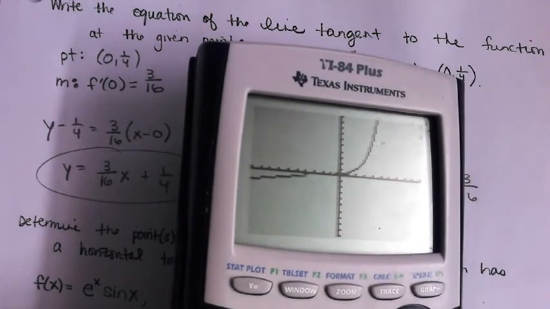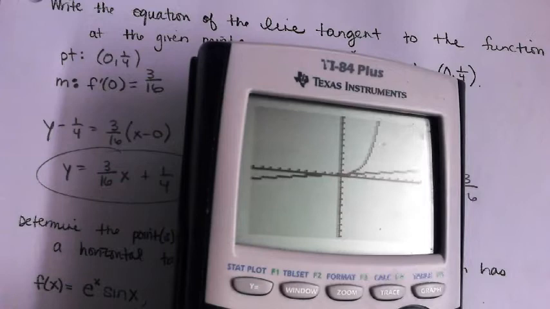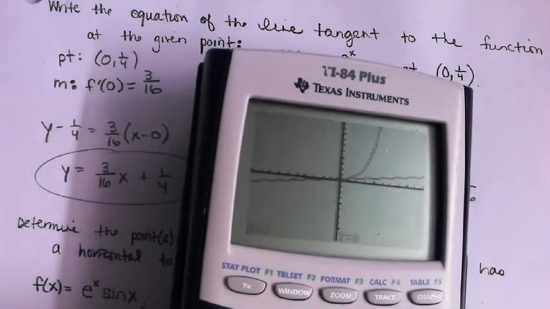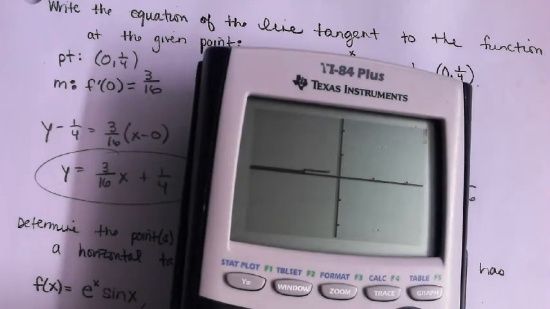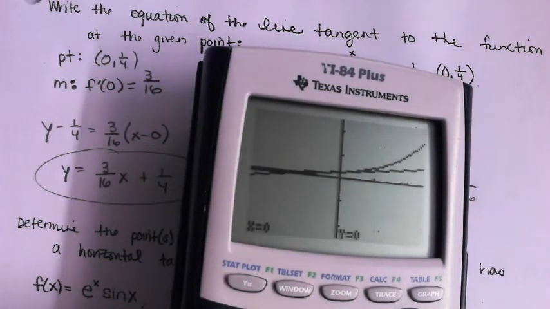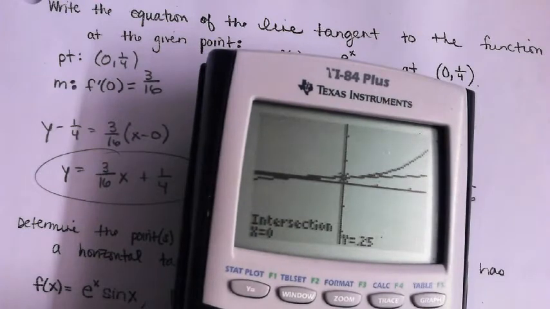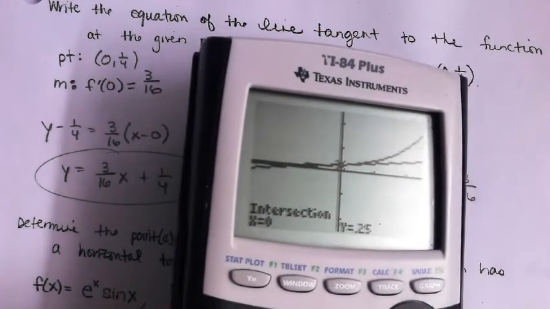There's my e to the x function. There's my tangent line supposedly at 0, 1/4. So if I zoom in to the origin, I should see that a little bit nicer. Here's my tangent line. If you want a second trace and find the intersection, that should put you at the point of tangency, 0, 1/4.